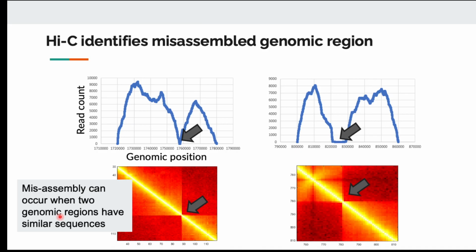merging two chromosomes together. But because chromatin conformation capture focuses on the 3D structure, when you map your sequencing data from chromatin conformation capture to the genome, if the genome is incorrect, this situation will occur.